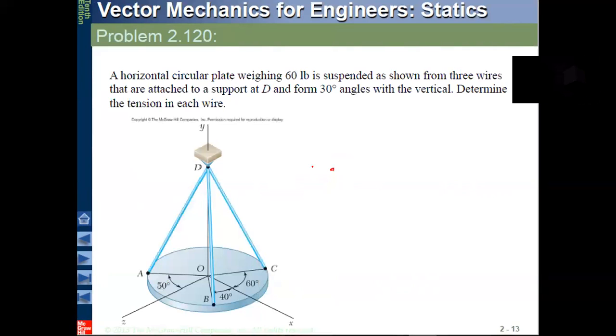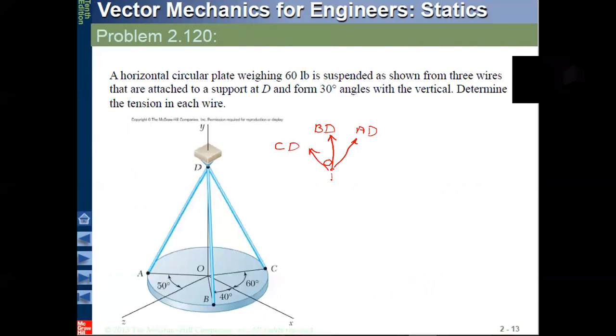So let's say this is point O, which is the origin, the center of the plate. You have a force BD, which is in tension. You have AD, and you have CD.